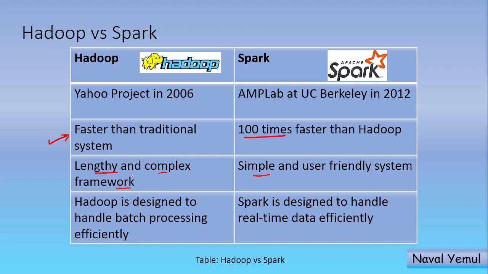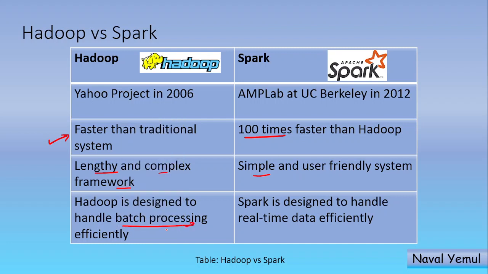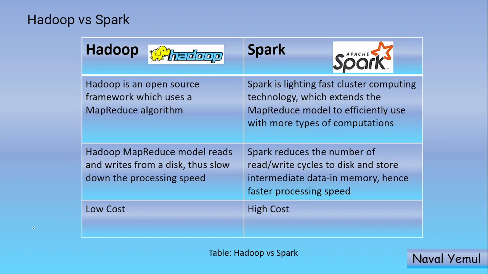We are going to see that in real time. Hadoop is designed only to handle batch processing, whereas Spark is designed to handle both batch as well as real time. With this point, let us go further. Hadoop is an open source framework.